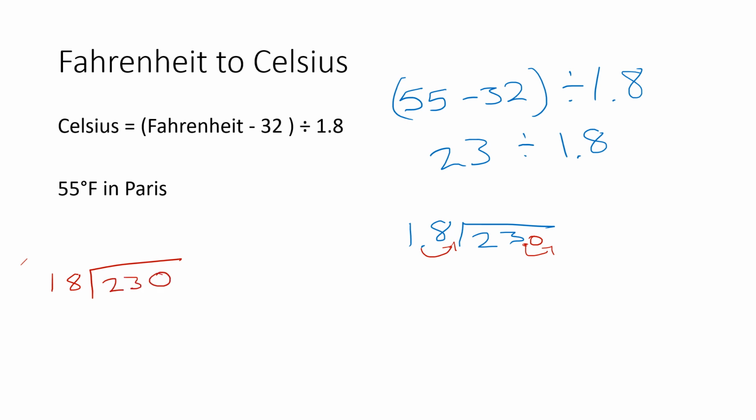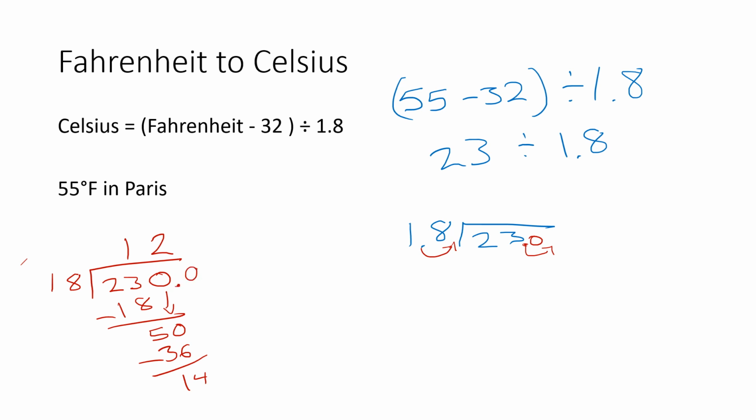So now 230 divided by 18. 18 will go into 23 once. Subtract and get 5. Bring down your 0. 18 will go into 50 twice. It should give us 36. And then 50 minus 36 is 14.